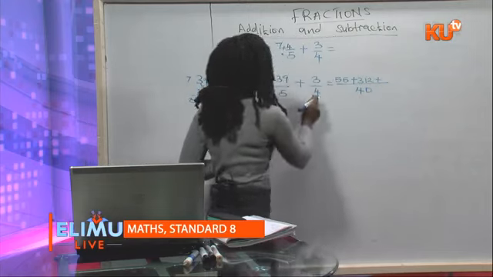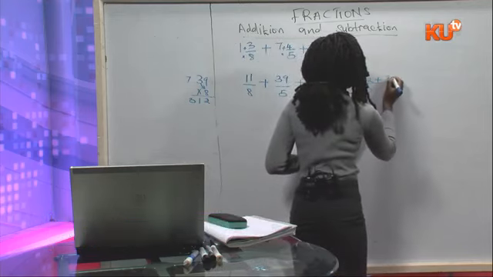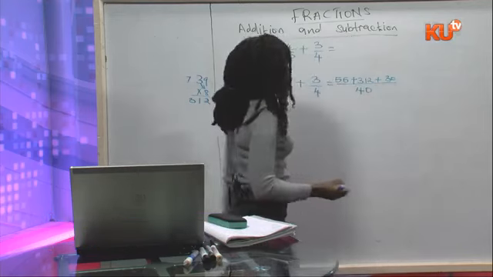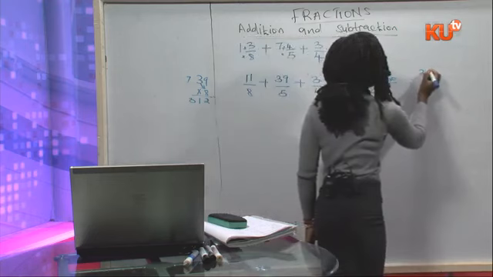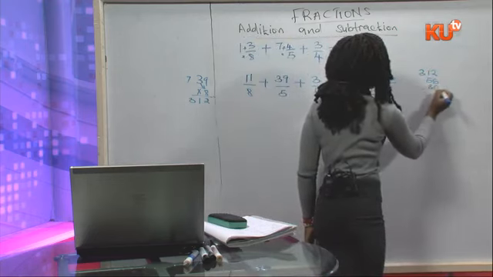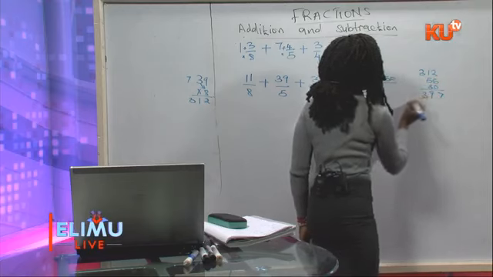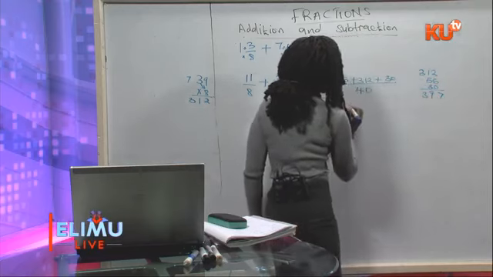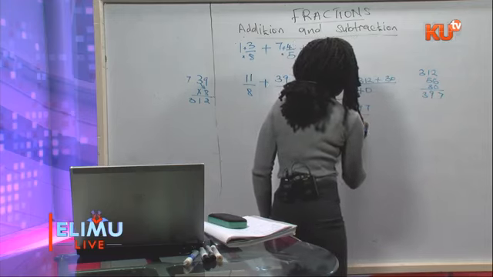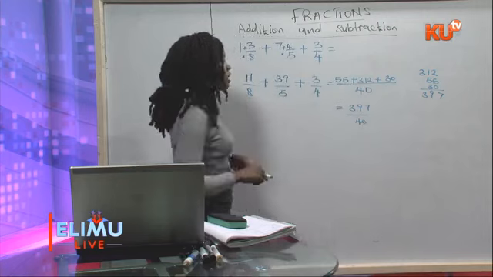Plus 40 divided by 4 is 10, 10 times 3, we get 30. Then from there we add everything: 312 plus 55 plus 30. We get 397 over 40. 397 over 40 is an improper fraction.